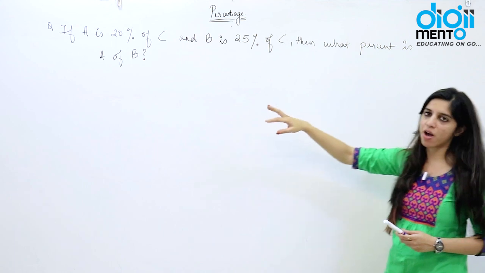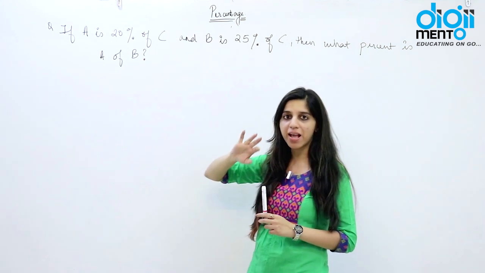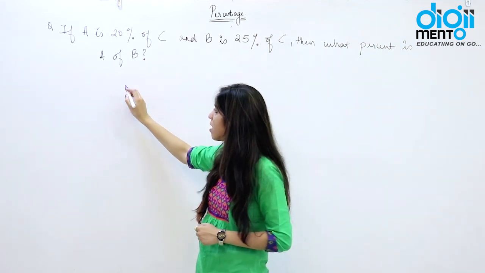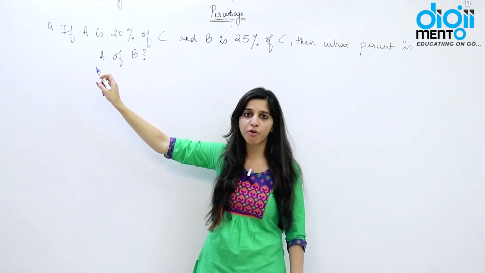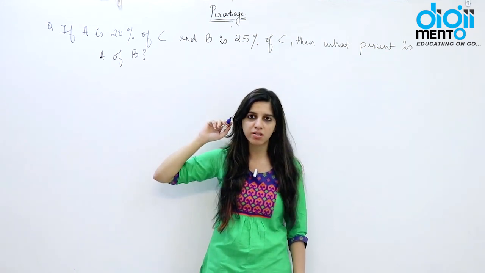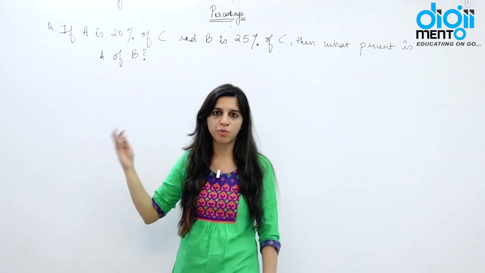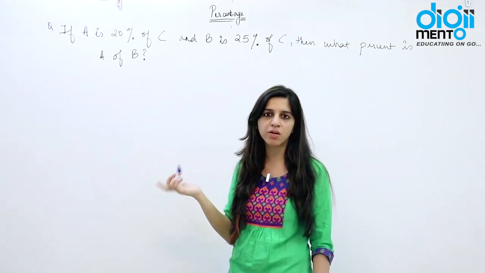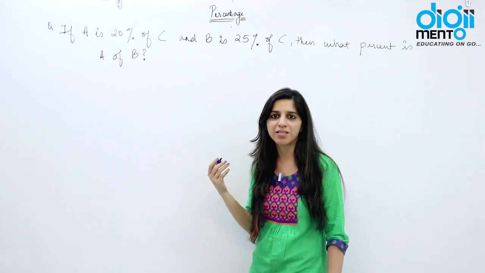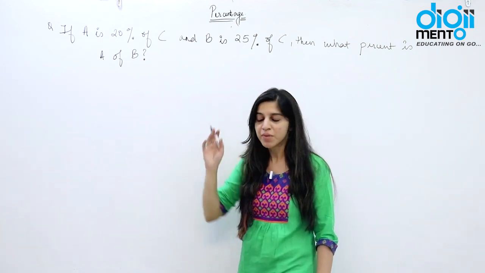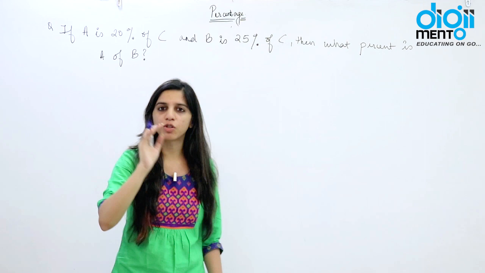What percent is A of B? A of B means you have to find the value of A with reference to B. See, what is a very important thing in percentages is, what is going to be the numerator, what is going to be the denominator. Once you are clear with the numerator and denominator, it is just multiplication with 100. So main thing is what is going to be a reference.